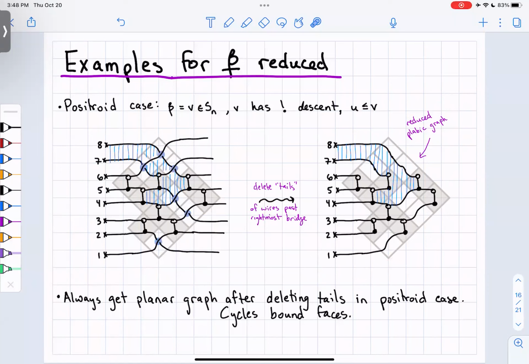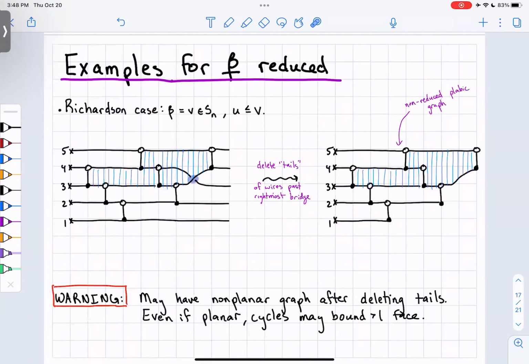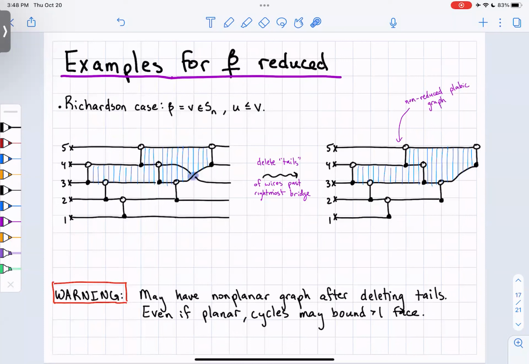Okay, so in the positroid case, you could rephrase our construction in a much simpler way. But unfortunately, even in the Richardson case, you can't do this. So you need the full power of the construction. Here's a Richardson example, and here's one of our disks. If you played the same game as in the positroid case where you just delete tails, well, in this example, you get something planar, but you don't always.